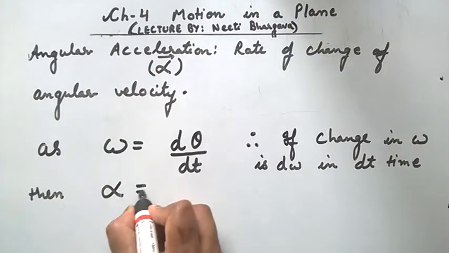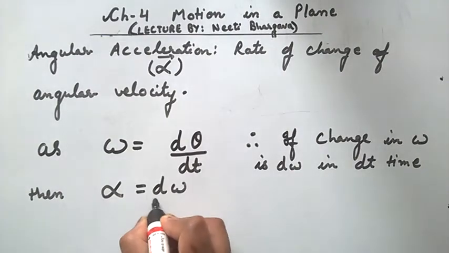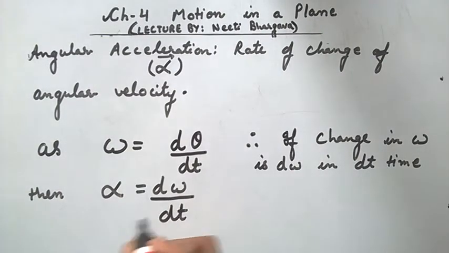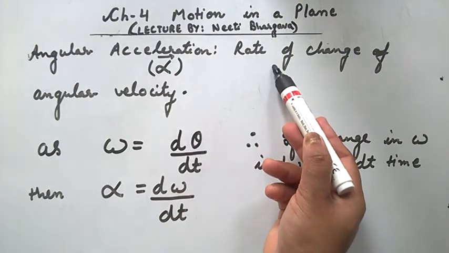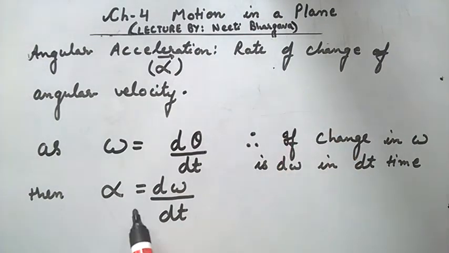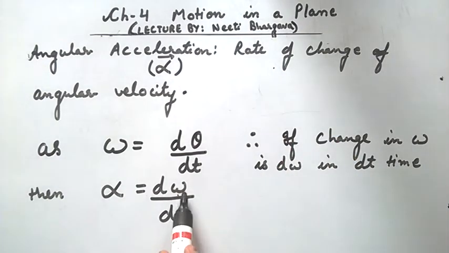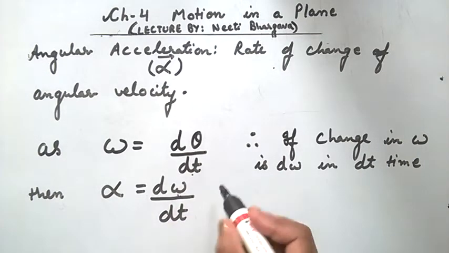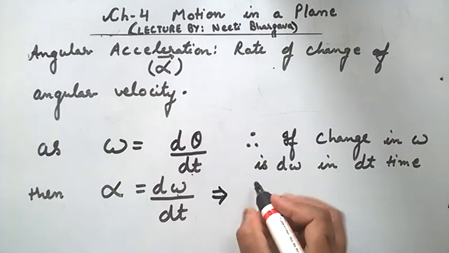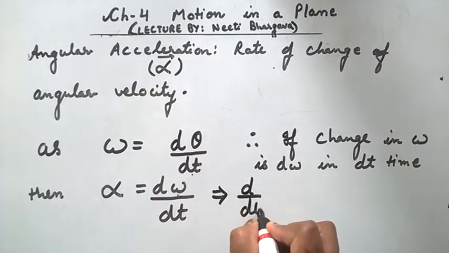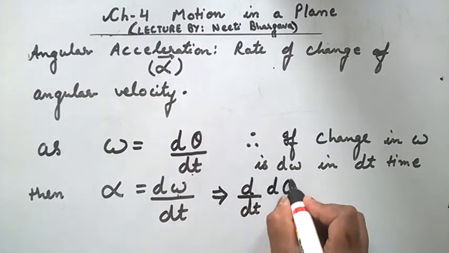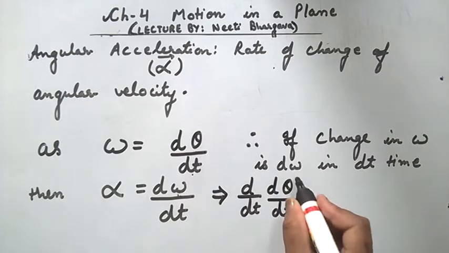It is given as alpha, as what we have studied in the definition. It is equal to rate of change of angular velocity. Now, as omega is d theta by dt, therefore it is equal to d by dt of d theta by dt.